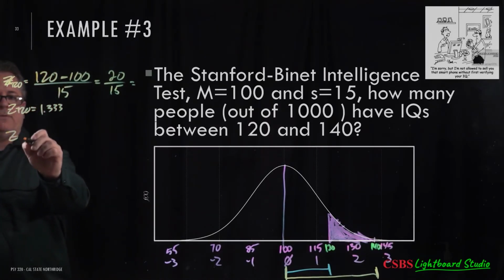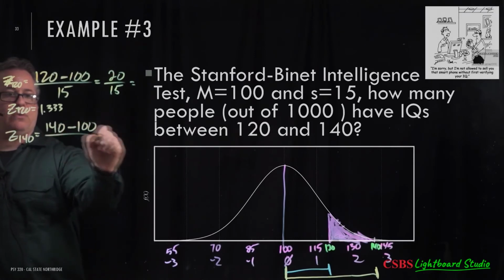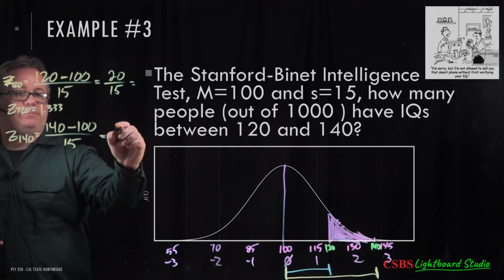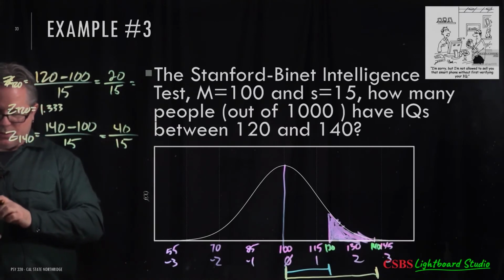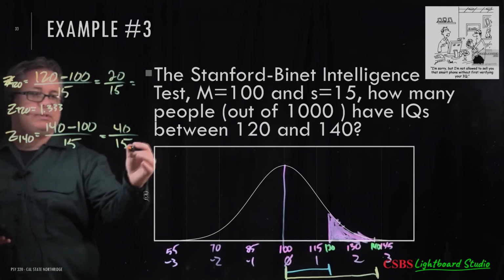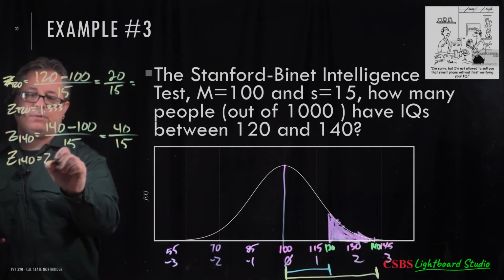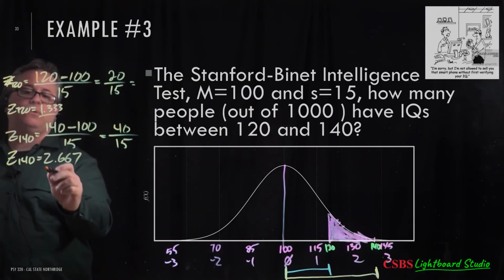The z for 140 is the same process: 140 minus 100 over 15, which is 40 over 15. 40 divided by 15 equals 2.667. So the z for 140 equals 2.667.